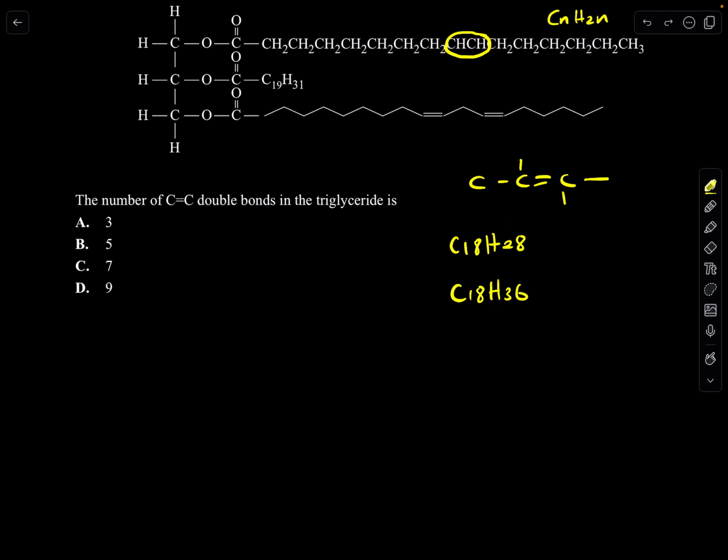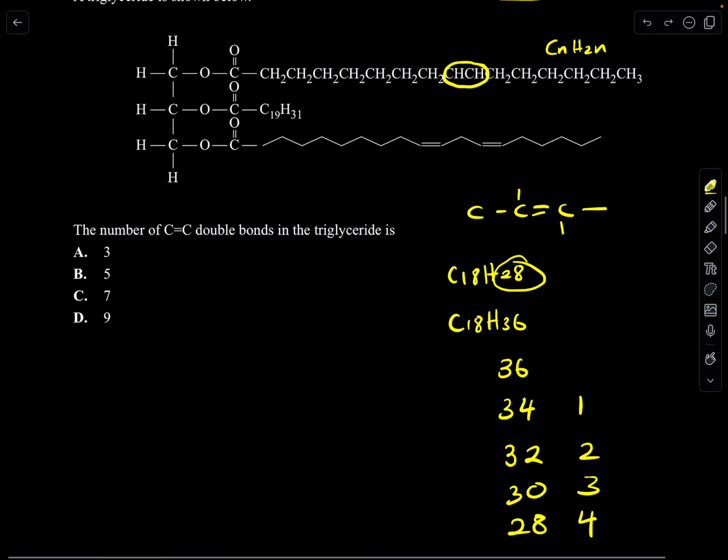It starts with 36 hydrogens, and if I take 2, that's already one double bond. That's 34. 32 is 2 double bonds, 30 is 3 double bonds, 28 is 4 double bonds. Now we've reached it. This molecule has 4 double bonds.